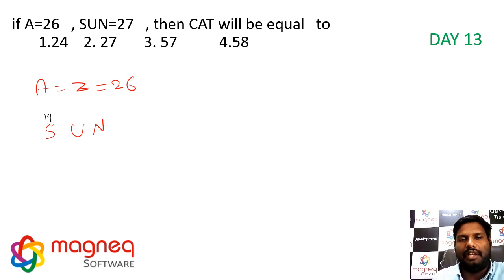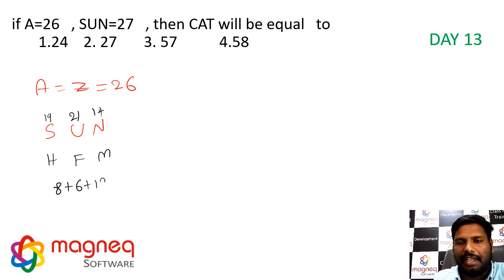S value 19, opposite is 8, which is H. U is 21, opposite is 6, F. N is 14, opposite is 13, M. So 8 plus 6 plus 13, total 27.